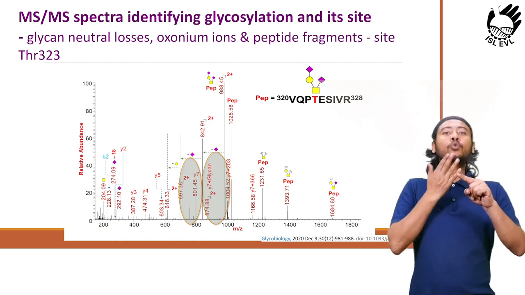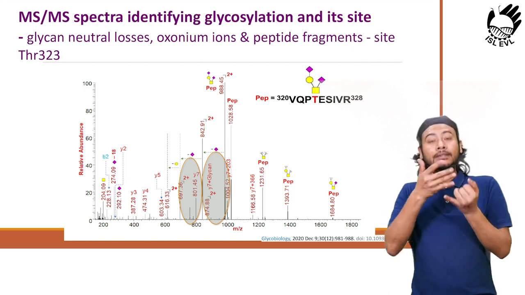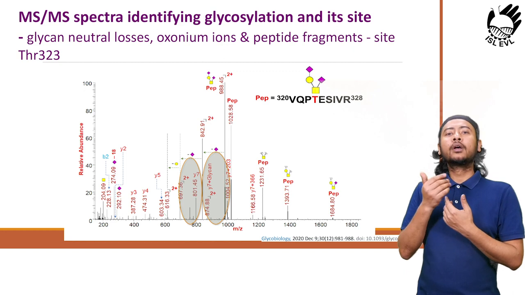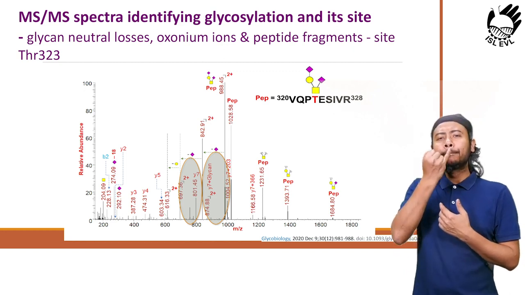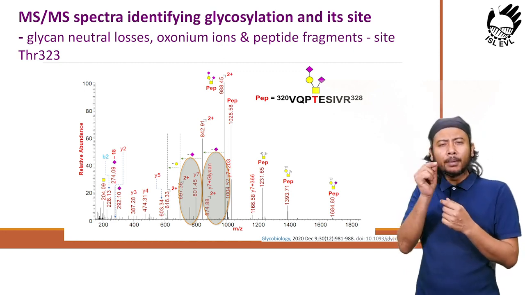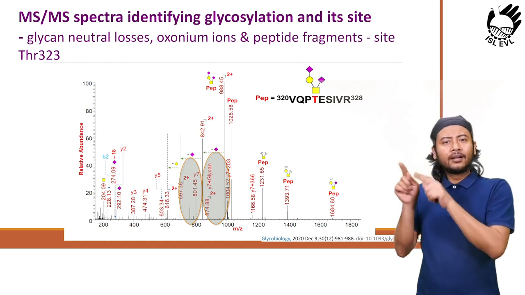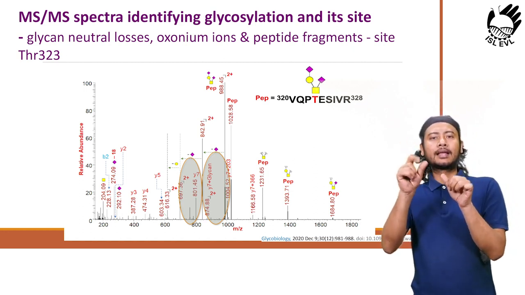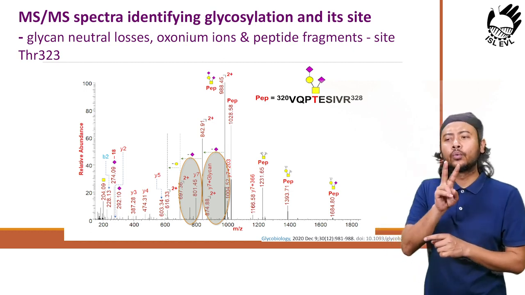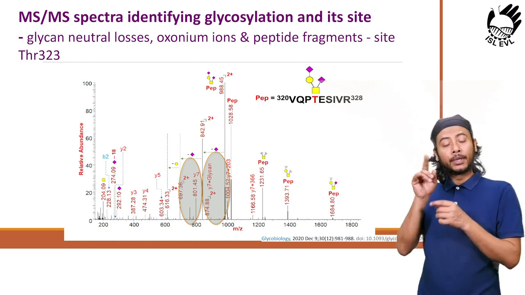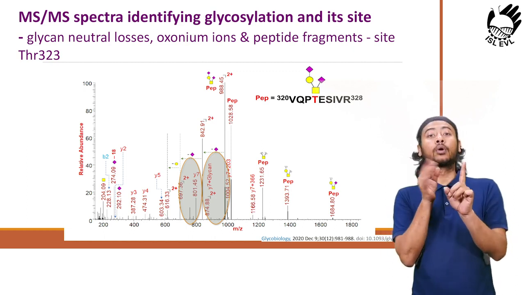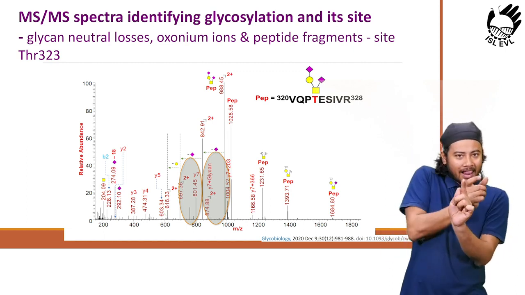We also detected specific glycan ions and fragments and confirmed the presence of glycans. You could see here these pink diamond shapes are sialic acids. So those are showing some typical masses of 274. So those indicate the presence of sialic acid in this glycopeptide MS spectrum.